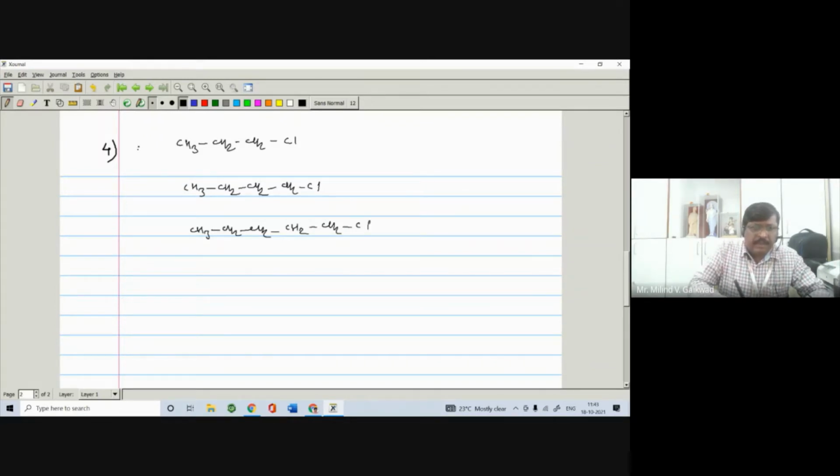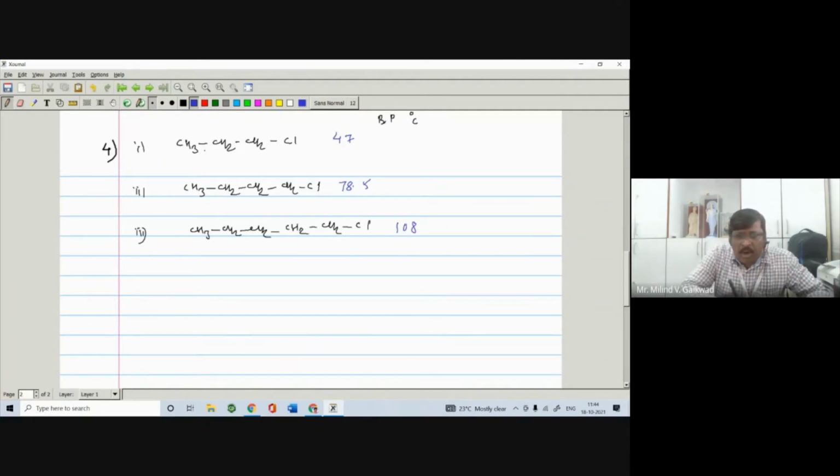So 3 carbon n-propyl, 4 carbon n-butyl, 5 carbon n-pentyl chloride, and the boiling point in degrees centigrade is found experimentally to be 47, then 78.5, and then 108.